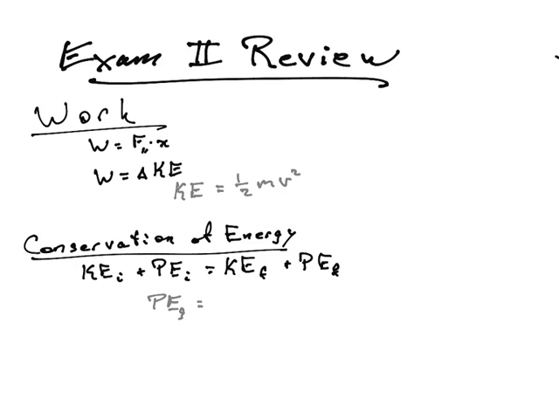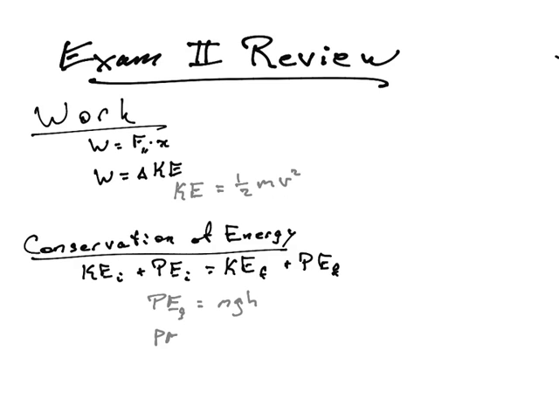First type was gravitational, and that's mgh. That's, a ball or a block slides down a hill, or it goes up a hill, whatever. You lift a block from the bottom to the top. You've changed the potential energy because the height of the object has changed.